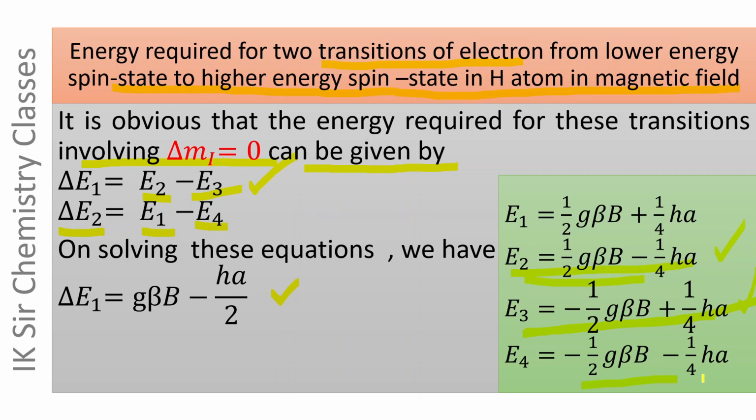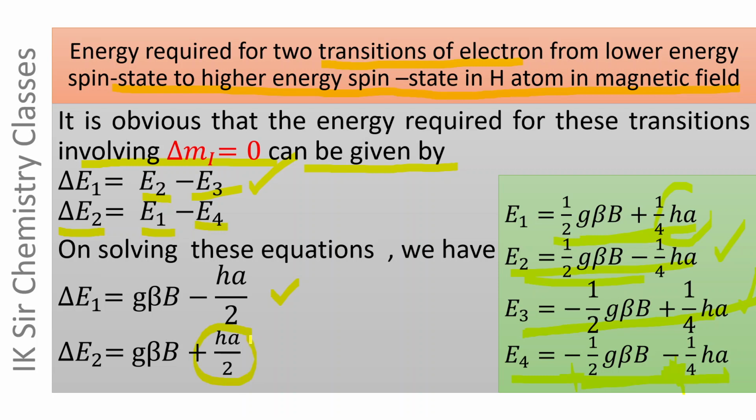If E4 is subtracted from E1, this will become positive and this will become also positive, and accordingly delta E2 will be G beta B plus HA by 2. 1 by 4 HA plus 1 by 4 HA will become plus HA by 2.